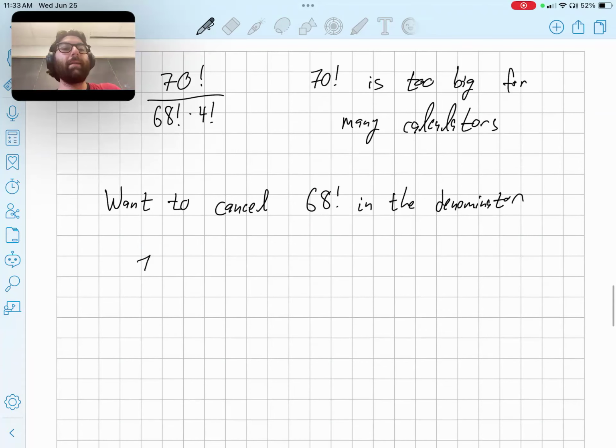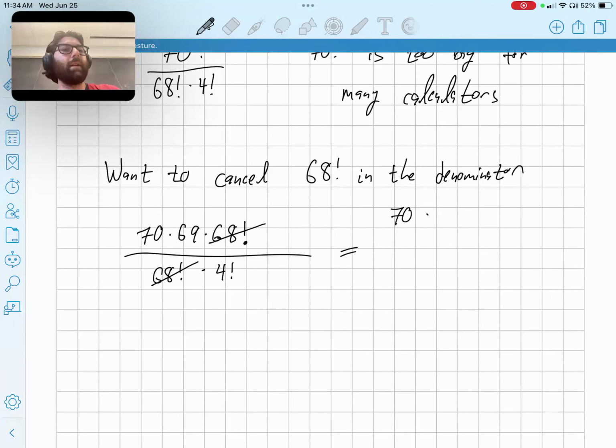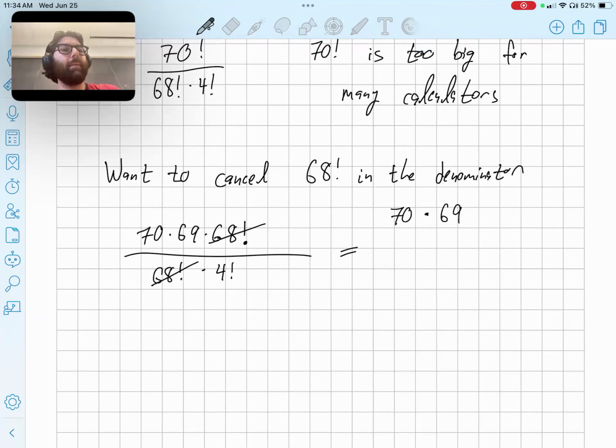If we write 70 factorial as 70 times 69 times 68 factorial, stopping after 68 and then adding a factorial, then we're dividing by 68 factorial times 4 factorial. Then the 68 factorials cancel. If we expand this 4 factorial, we get 70 times 69 divided by 4 times 3 times 2 times 1.